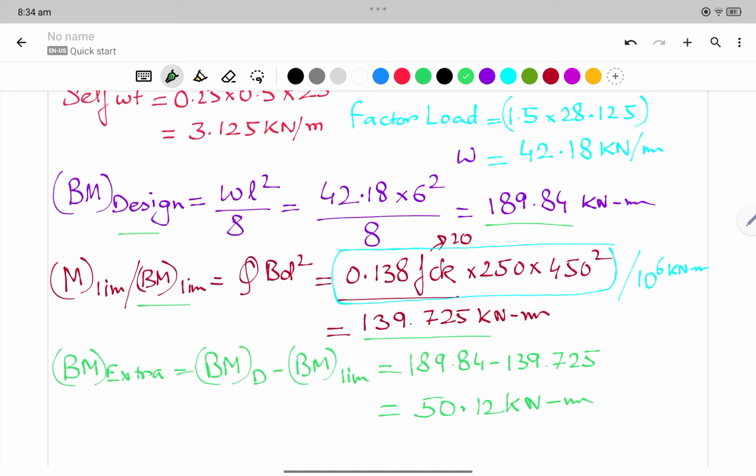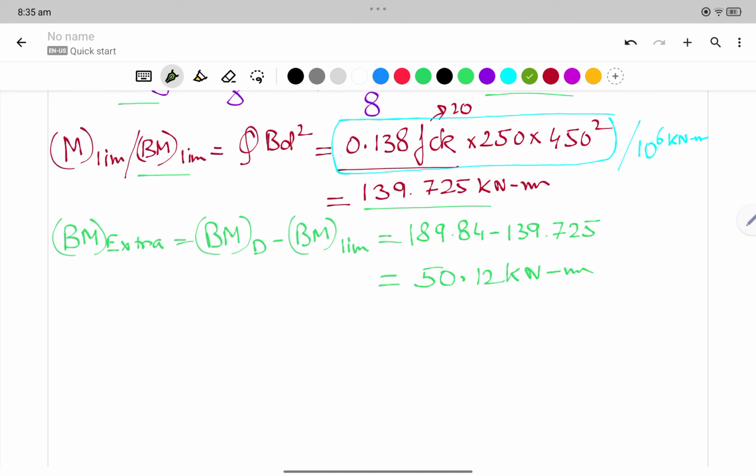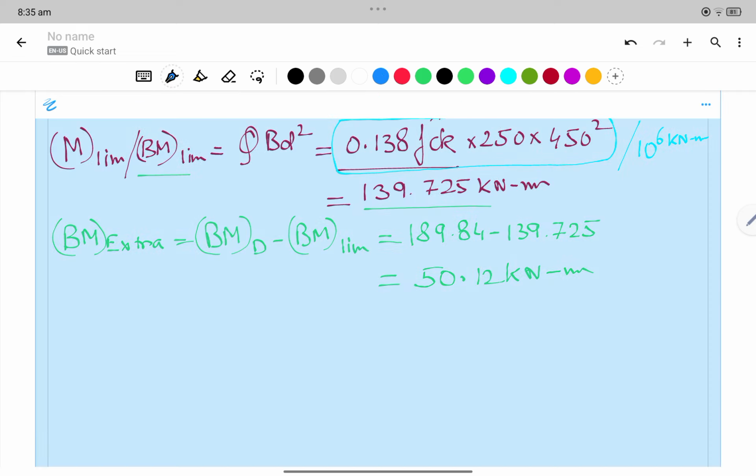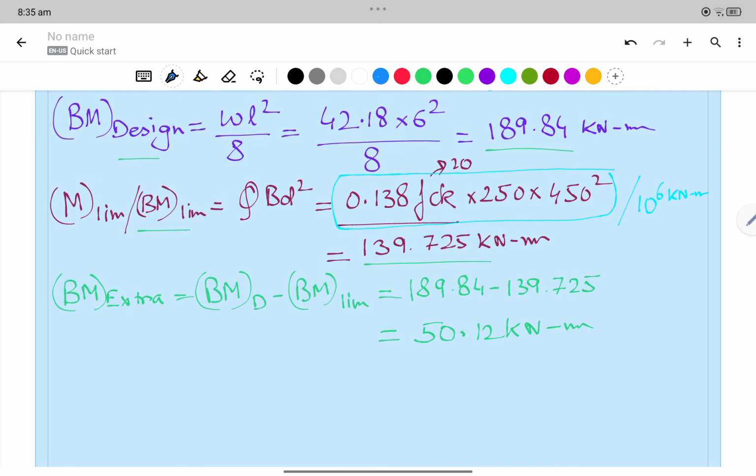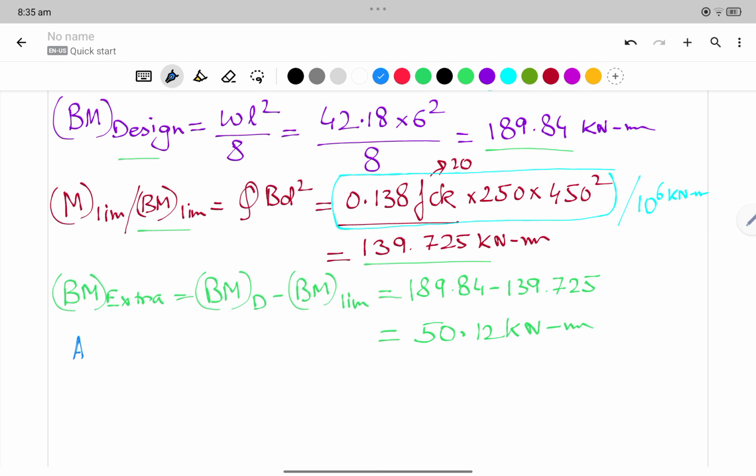Okay, so this is coming. Now we have to calculate the area of steel. Mainly what design means, we have to calculate the area of steel. So now we will go to the calculation. See, as extra moment is coming, what we have to calculate? We have to calculate Ast1, Ast2 and Asc.